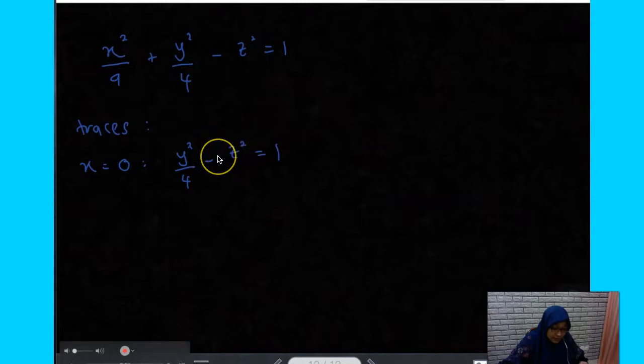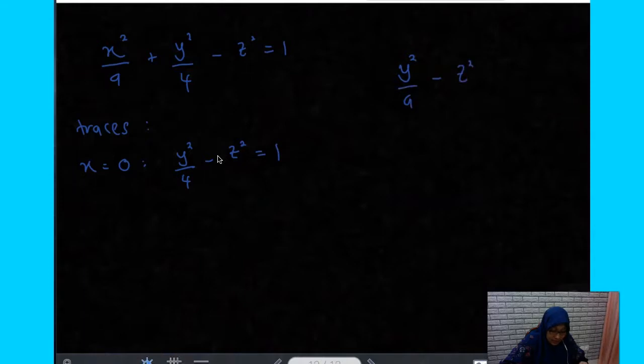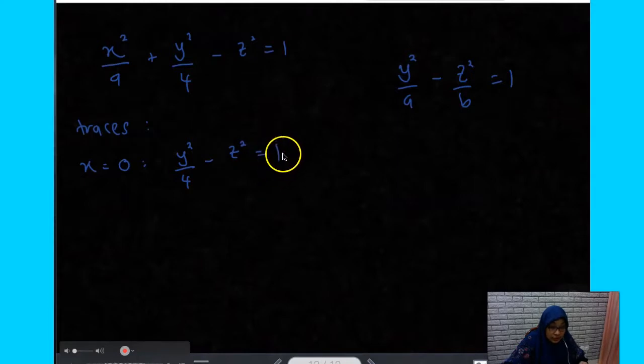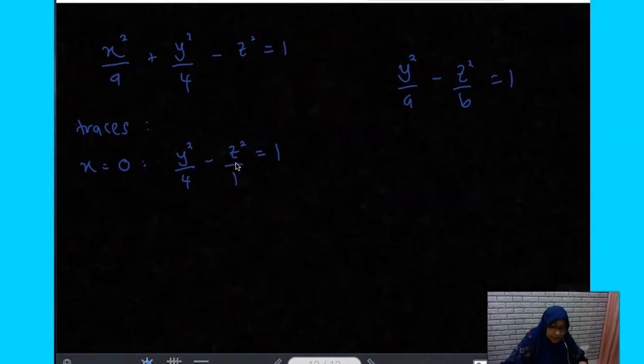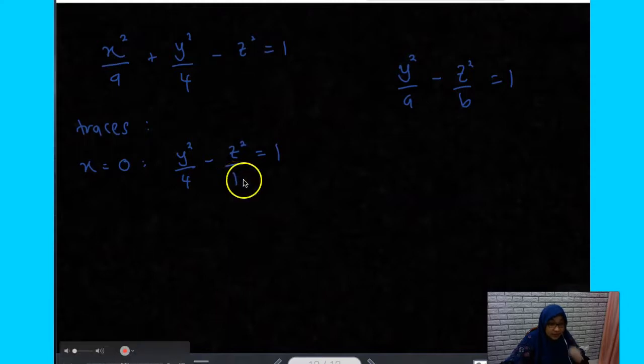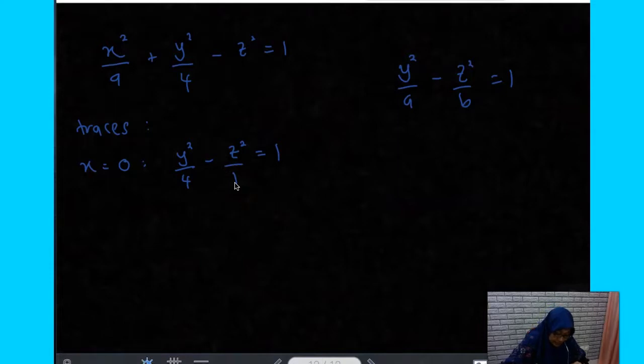You must have something like y squared over a squared minus z squared over b squared equal to 1. Now we already have equal to 1, but do we have the denominator for z? Of course, we can always divide by 1, so we have z squared over 1.